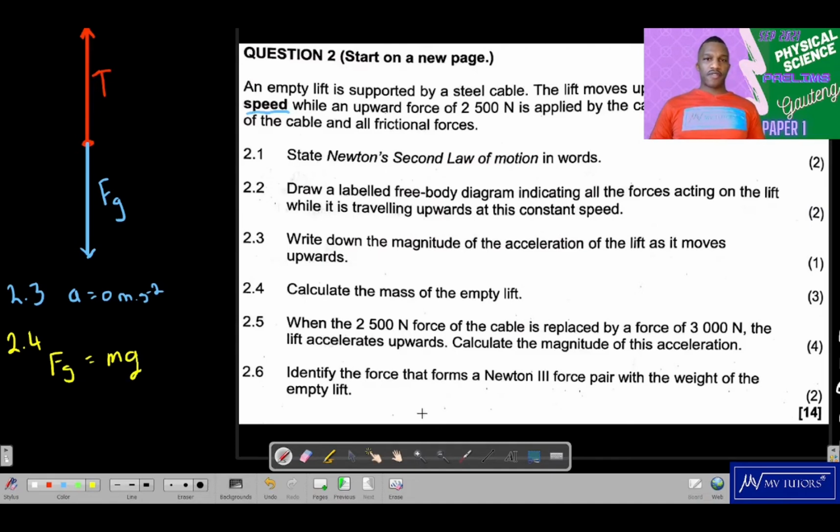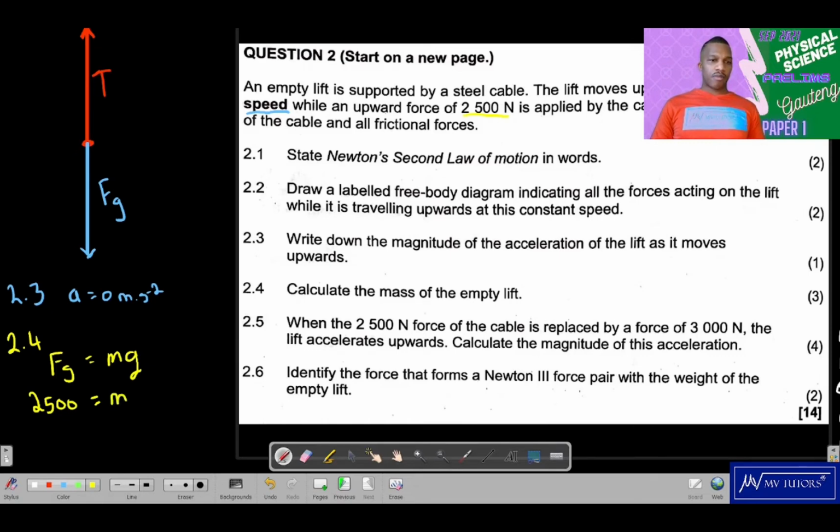Now the force of gravity, we have been told here, is 2,500 newtons. So we're going to put 2,500 to this side. The reason they are equal, well, actually this is the upwards force, but it's equal to the force of gravity, so it's fine like that.